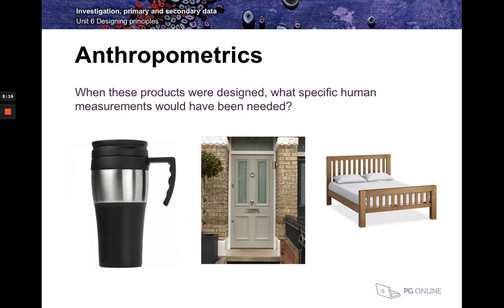So for the coffee cup, we would need to know how big the average human mouth is, because we need to know how big to make the opening for the liquid to come out. We would need to know how big the average human hand is so that we can design the handle to be the right width.